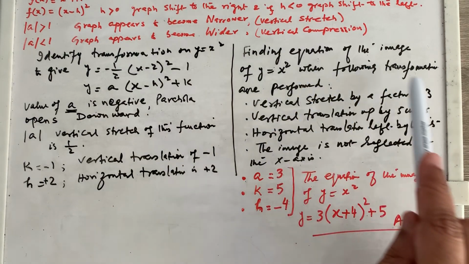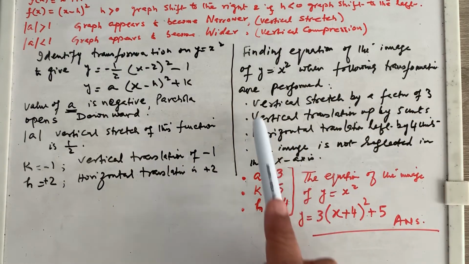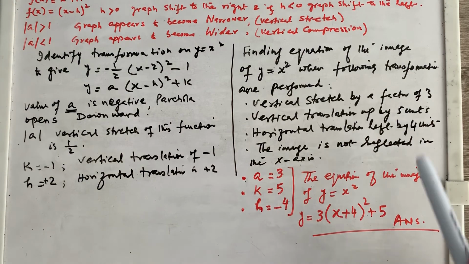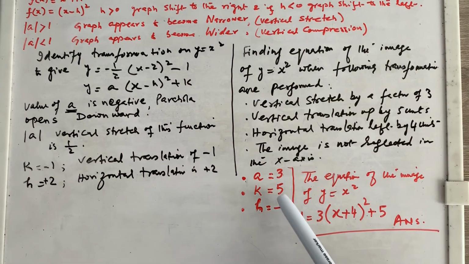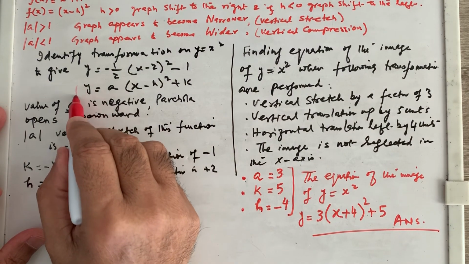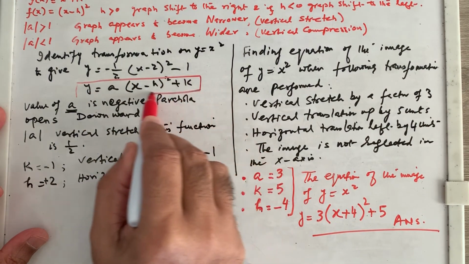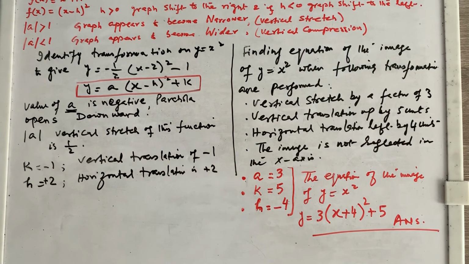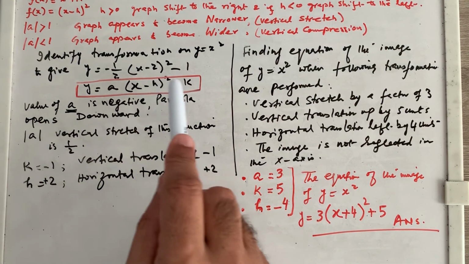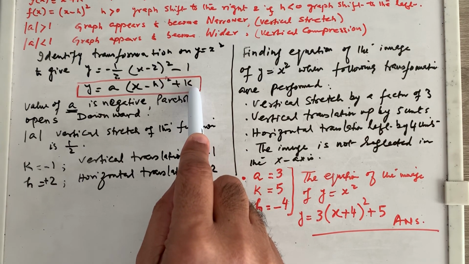When the transformations are performed, you need to see what your value of a, your value of k, and your value of h are, because you need to figure out how to write your equation in terms of y equals a times (x minus h) whole square plus k. This is your vertex form, where (h, k) is the vertex. H represents the x coordinate of the vertex and k represents the y coordinate of the vertex.